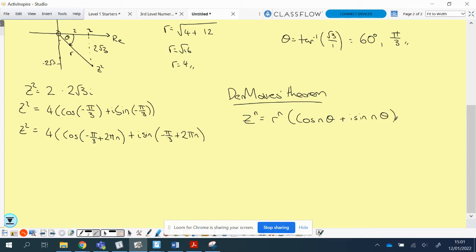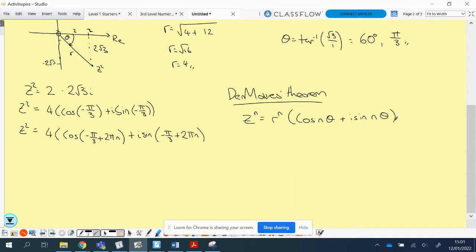But if I want to do the opposite, so if I want to take the square root, then the opposite things apply. Rather than raise my power to n, it's going to be to the power of a fraction, a square root. Rather than multiply my angles, it's going to be divided by whatever root I'm taking.